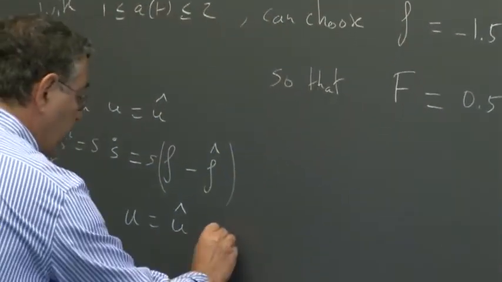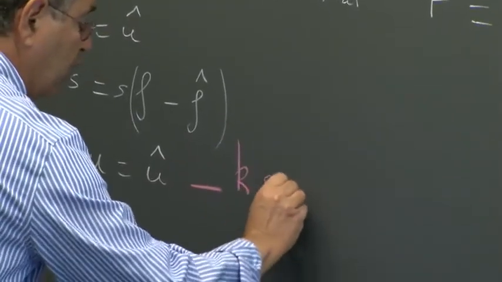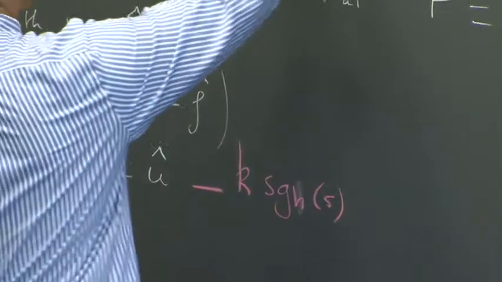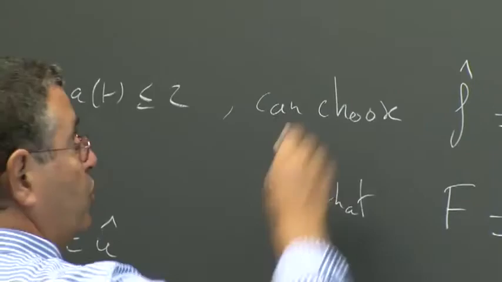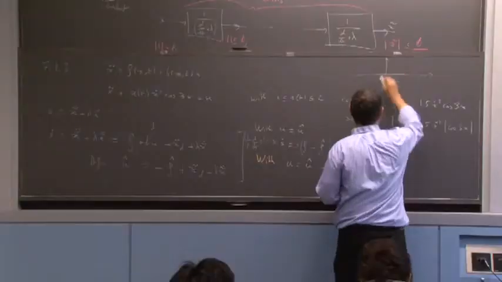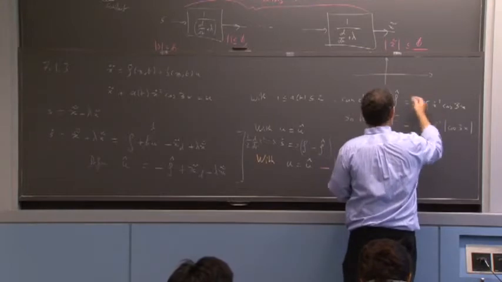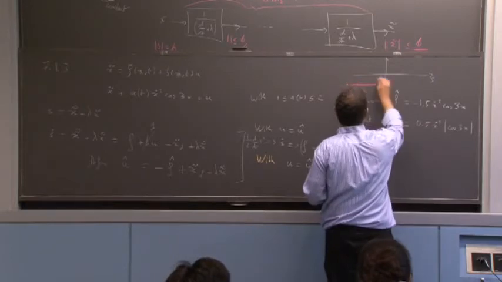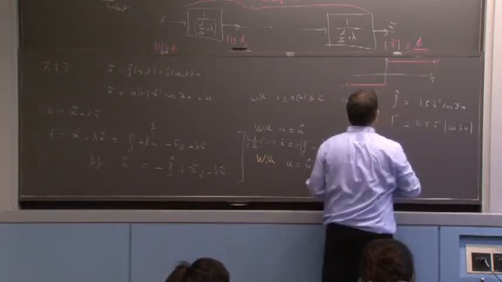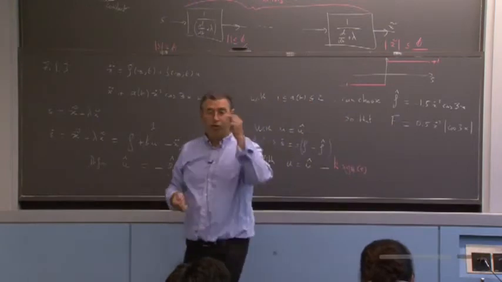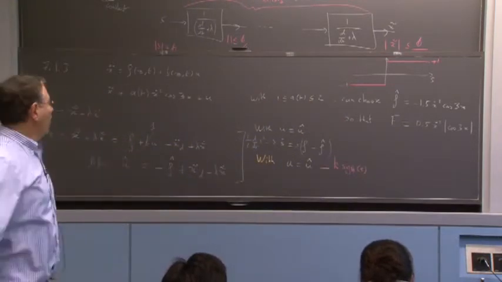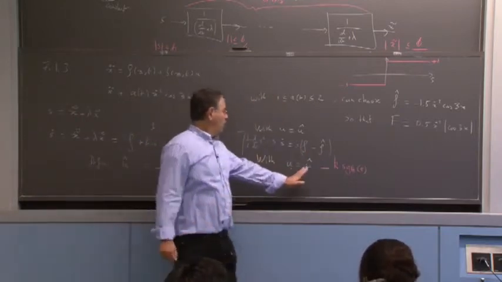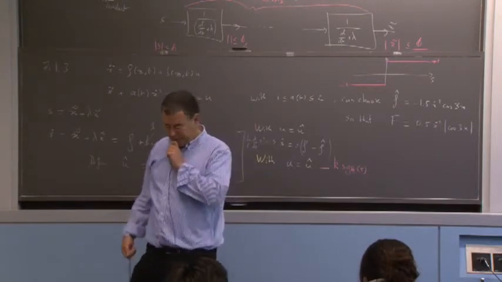So we add minus k sine of s, where sine is the sign function, equal to minus 1 when s is negative, plus 1 when s is positive, and whatever you want when s equals 0, it doesn't really matter. So u equals u hat minus k sine of s.